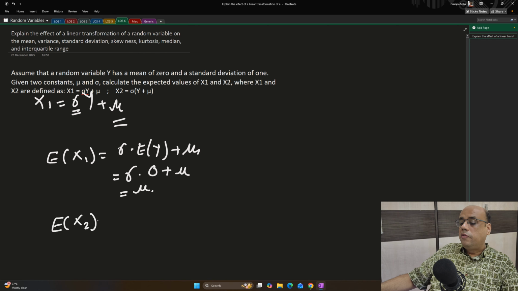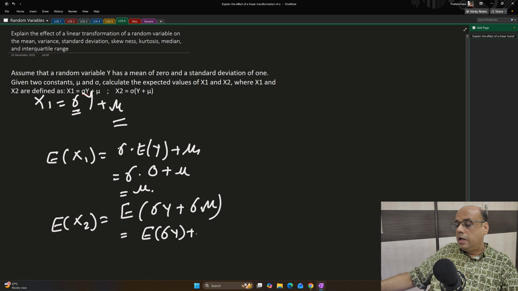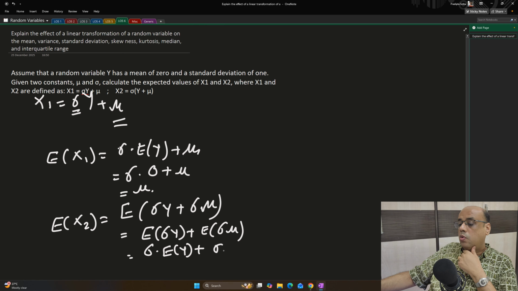Similarly, expectation of x2 is equal to expectation of sigma y plus sigma mu, which is expectation of sigma y plus expectation of sigma mu, equal to sigma into expectation of y plus sigma into expectation of mu.